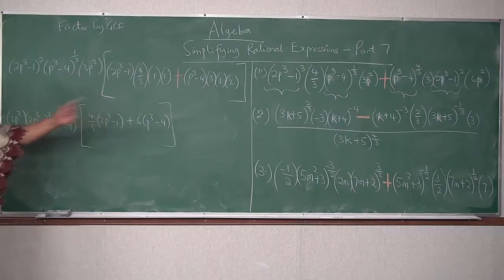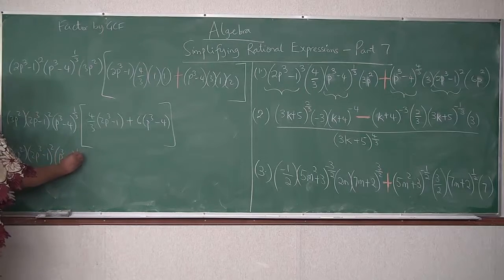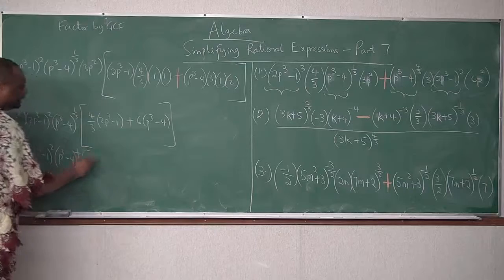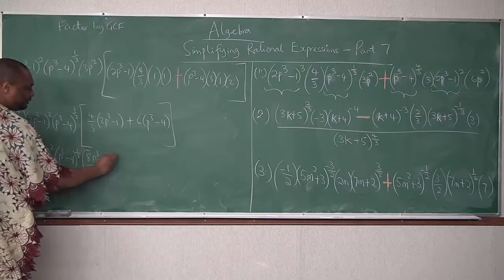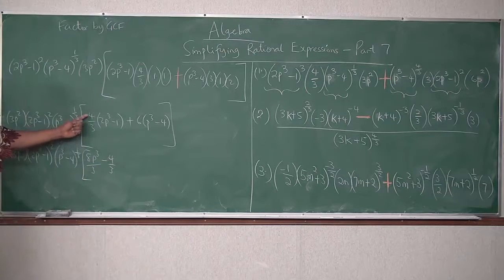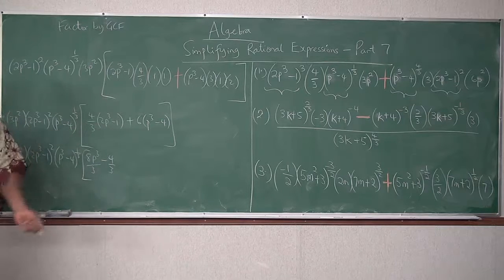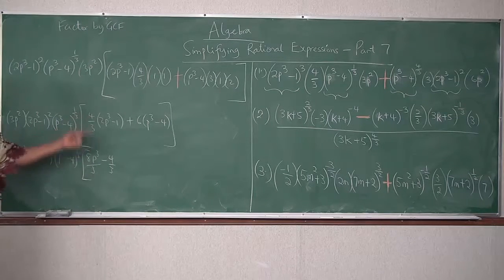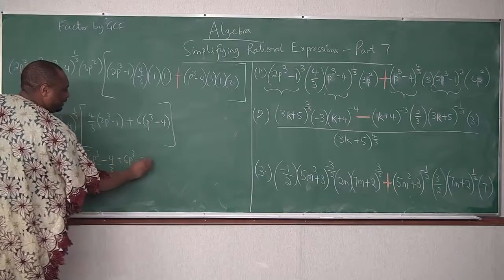See that? 3 times 2 is 6. So this will be 3p squared times 2p cubed minus 1 all squared times p cubed minus 4 exponent 1 over 3, parenthesis. This is what? 8p cubed over 3 minus 4 over 3. Okay, I use distributive property. You can view my videos on distributive property. Then plus 6p cubed minus 24.